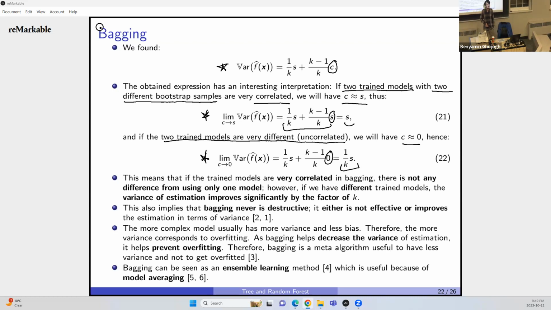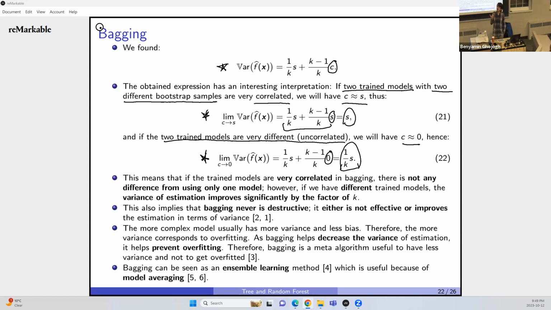They say that in my bagging, bootstrap aggregating, I want the models to be uncorrelated, very different from each other, because the variance of the estimation becomes 1 over k times S. But if they are very similar to each other, it becomes S. S was the variance of one of them.